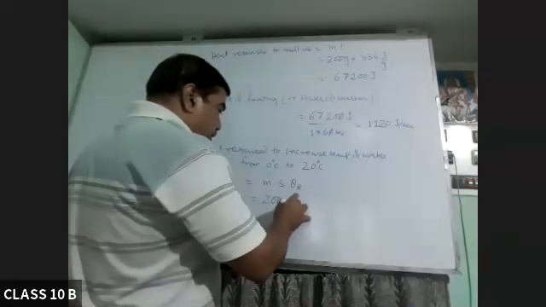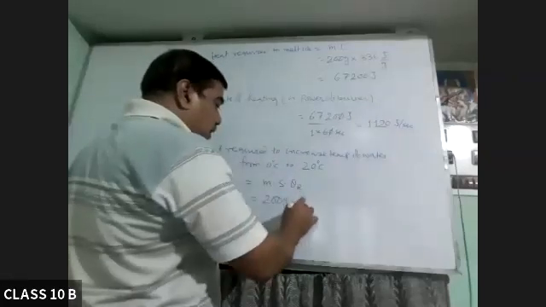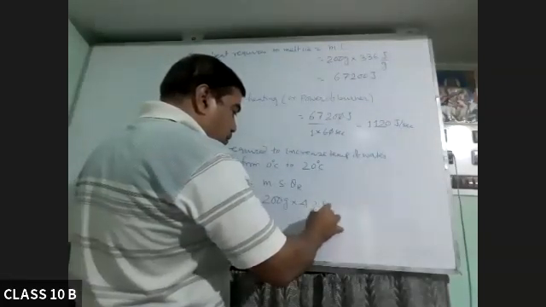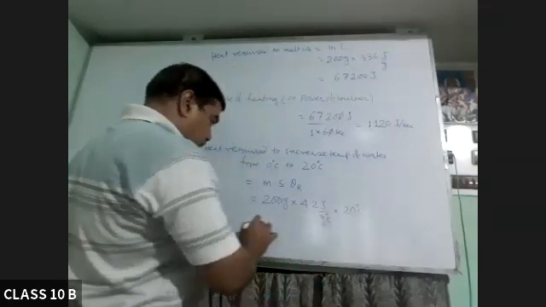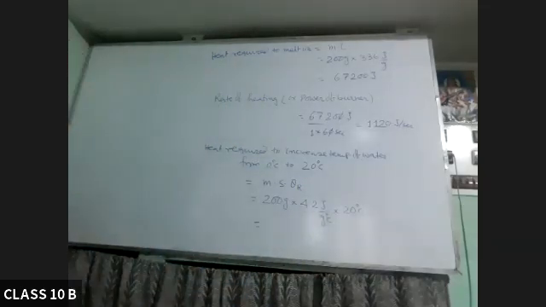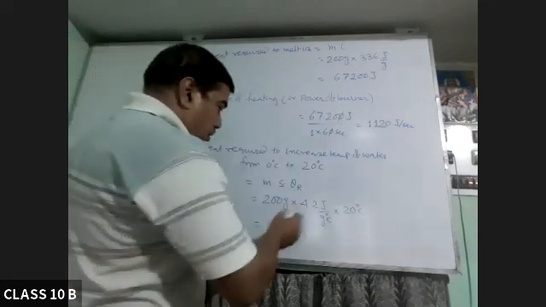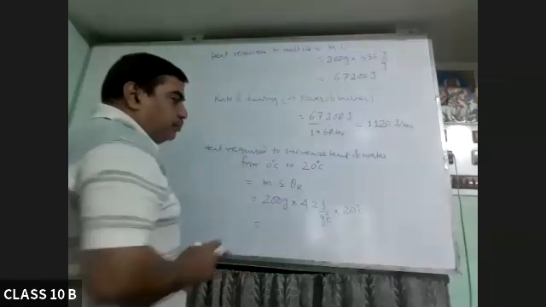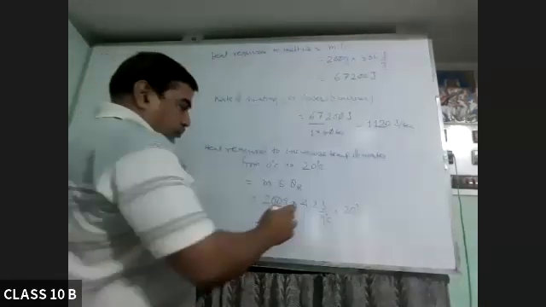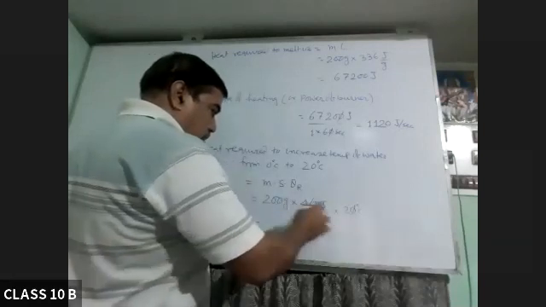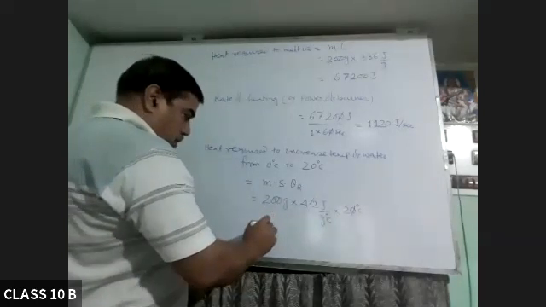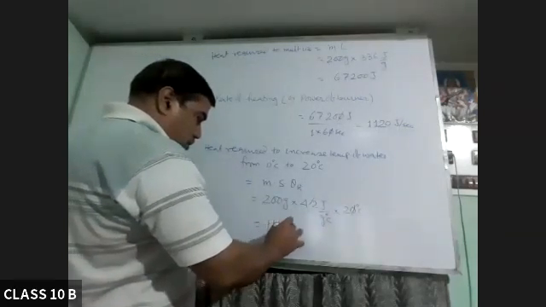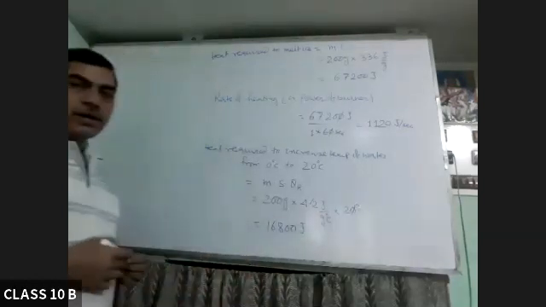We take here 4.2 joule per gram degree Celsius, and the rise in temperature is 20 degrees Celsius. So how much will come? 42 into 4, 168. So 16800 joule will be the heat required.